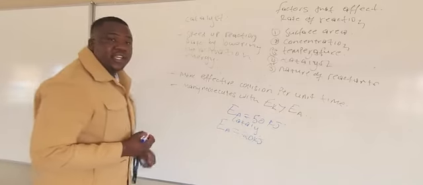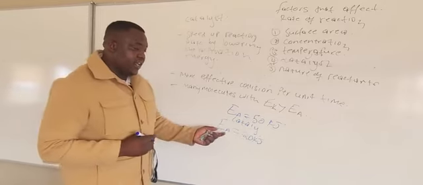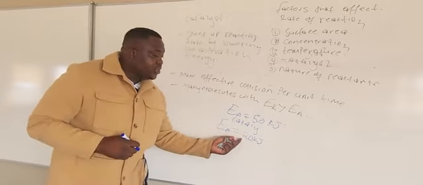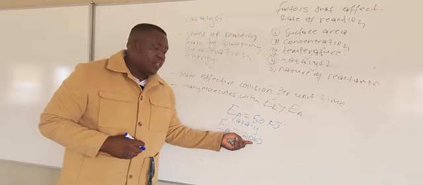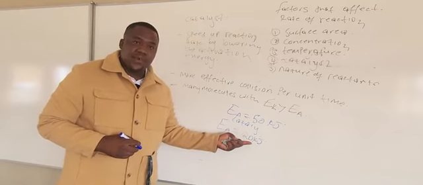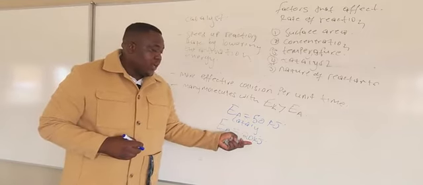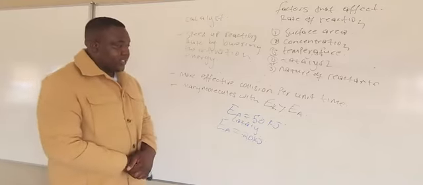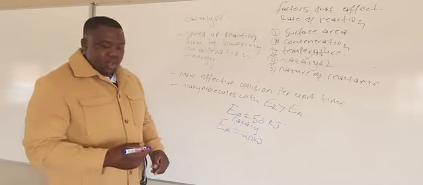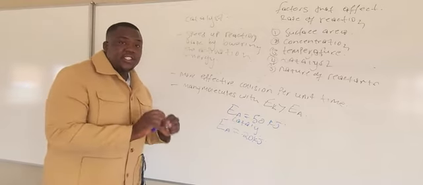You see, a catalyst reduces the activation energy. Since activation energy is reduced, it means it will be easy for a reaction to gather up 20 kilojoules, then the reaction is going to start. That's what a catalyst does. A catalyst reduces the activation energy.